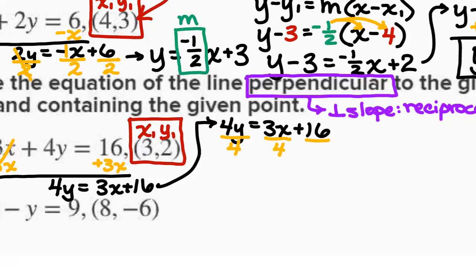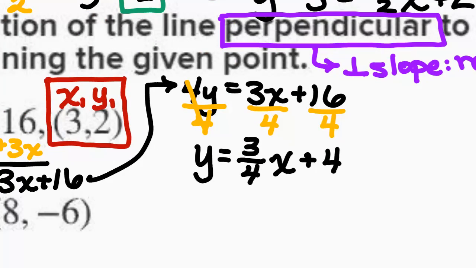So 3x gets divided by 4 and 16 gets divided by 4. So y equals 3 divided by 4. Does that come out to a whole number? No, so I'm just going to leave it as the fraction. Can it reduce at all? Anything that goes into 3 also goes into 4? Nope. So it's just going to be y equals 3/4 x plus what? Plus 4. All right, so here's the slope, 3/4.